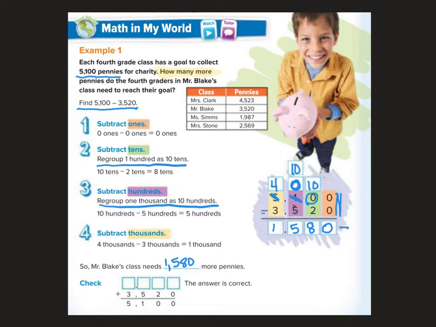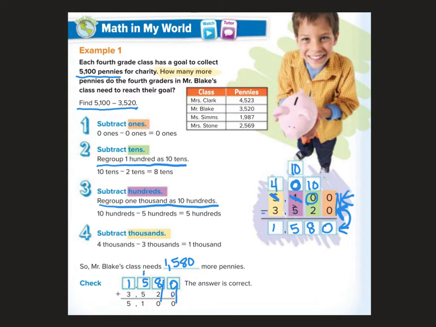Let's check. So I'm going to take my difference down here, 1,580, and add it to my subtrahend. And my sum should be my minuend. Let's check. 0 and 0 makes 0. 8 and 2 makes 10.